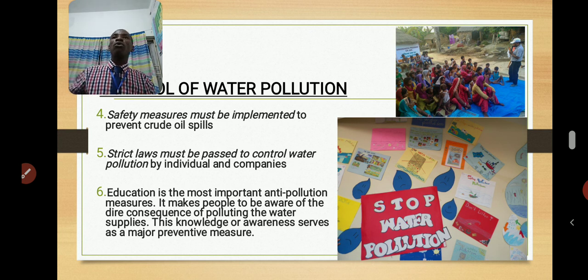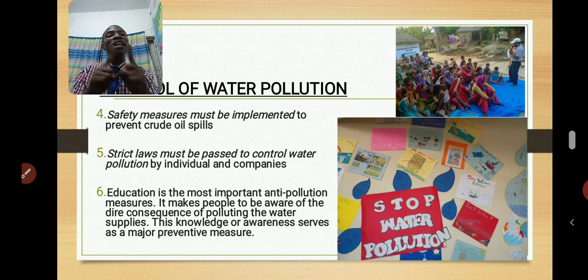They are the ones that will go from house to house to collect all those refuse, instead of the usual way of putting them inside the gutter during the rain. So strict laws should be passed to control water pollution by individuals at home and by companies. Those chemical and agricultural companies must obey those strict laws, so it will help us to reduce water pollution drastically.